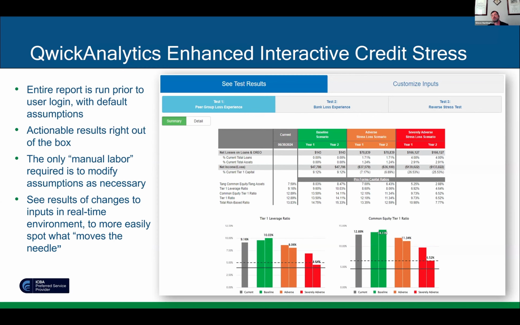You can change earnings expectations, you can change loss rates, and immediately toggle back from the inputs to the results to see how much impact, if any, that particular assumption change had. So you not only work with the tool more efficiently, but you get to the point where you know which inputs it's really sensitive to and which inputs you really don't have to dig too deep on or think too hard about because they're relatively irrelevant in the results.